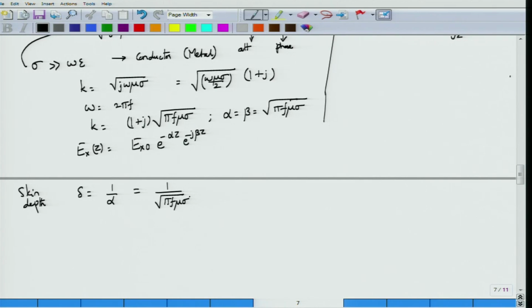Because of this, the electric field propagation inside a good conductor is equal to the surface value, or the initial amplitude Ex0, times e to the power minus 1 plus j z by delta. Its amplitude is going as e power minus z by delta, and its phase is changing as e power minus j z by delta.